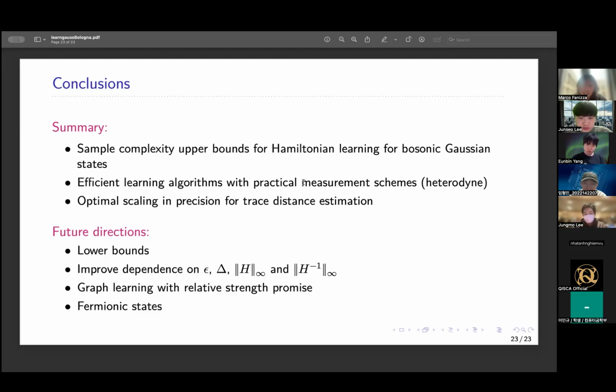Our paper gives you an answer for Gaussian states, for quadratic Hamiltonians. Apart from this condition number problem, they are efficiently learnable at any temperature, in fact. For general Hamiltonians, I think we don't know.